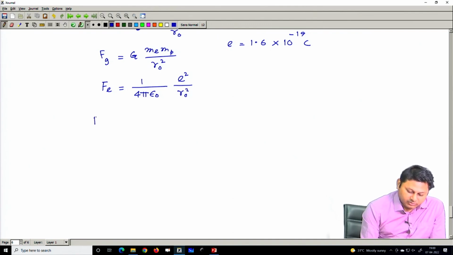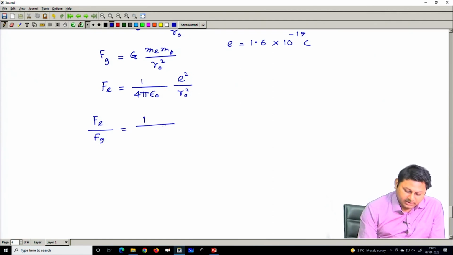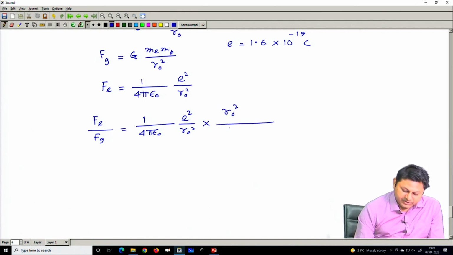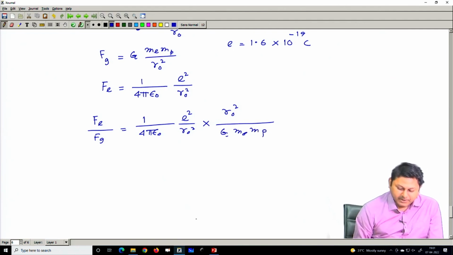Now, I have to find out Fe divided by Fg, the ratio between the forces, and this is 1 divided by 4 pi epsilon 0 e square divided by r0 square multiplied by r0 square divided by G and then Me Mp.